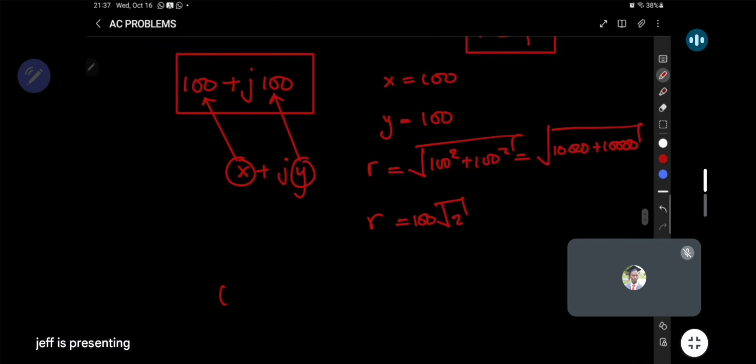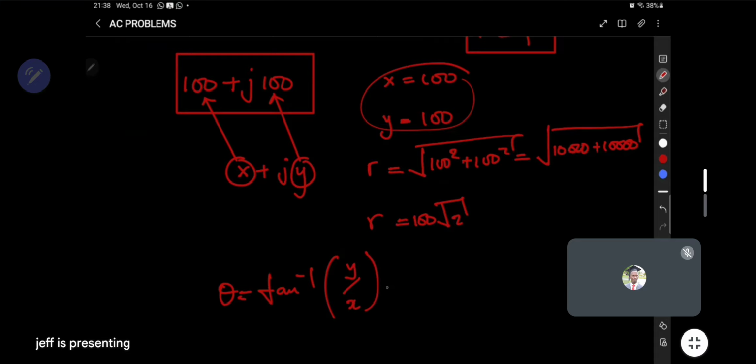The corresponding angle can also be obtained from x and y. And in this case, we can say the angle will be tan inverse of y over x. So this becomes tan inverse. y is 100.